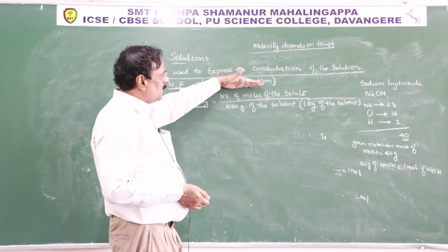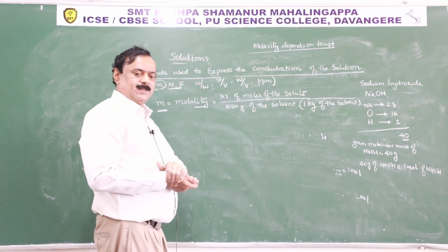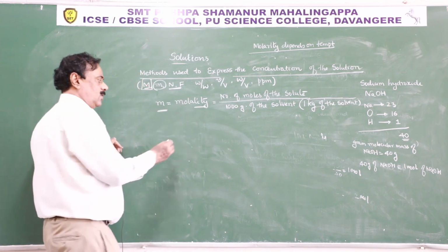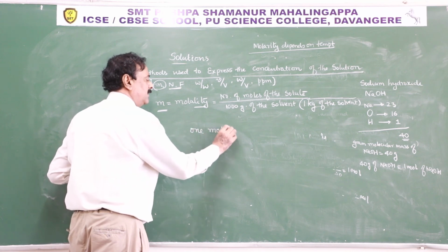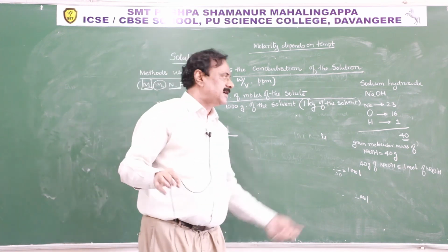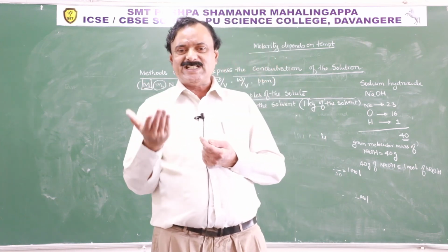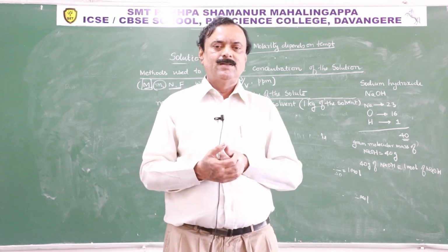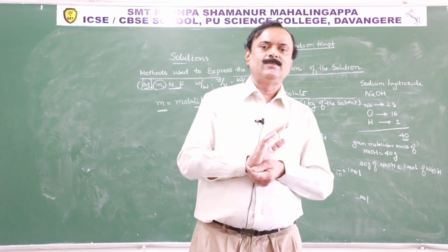If 1 mole of the solute is present in 1 kg of the solvent, then it is considered a 1 molal solution. Suppose 40 gram of sodium hydroxide is present in 1 kg of the solvent, 1000 gram of the solvent, then it is considered a 1 molal sodium hydroxide solution.